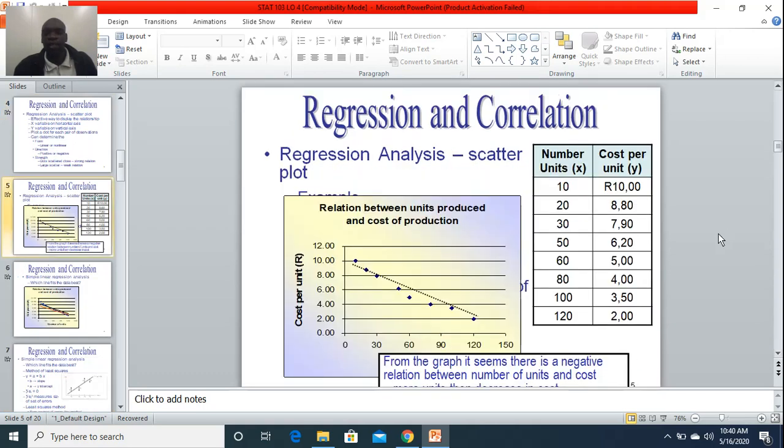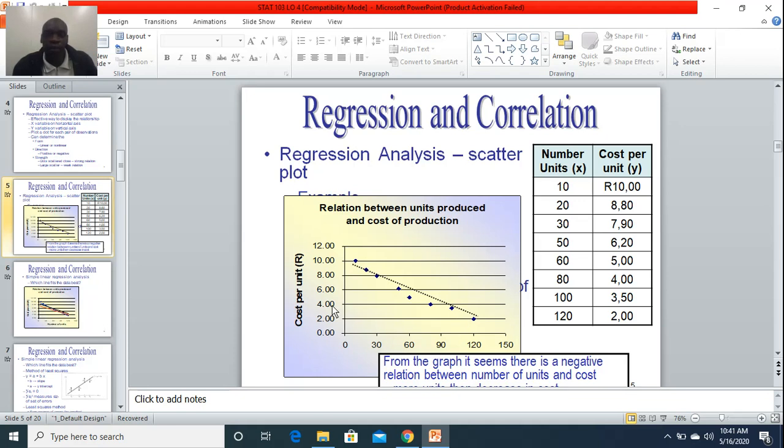So we will consider our example here. Let's take two variables to be number of units and cost of production per unit. We may use first the scatter plot, whereby we draw x on the x-axis and y on the y-axis.